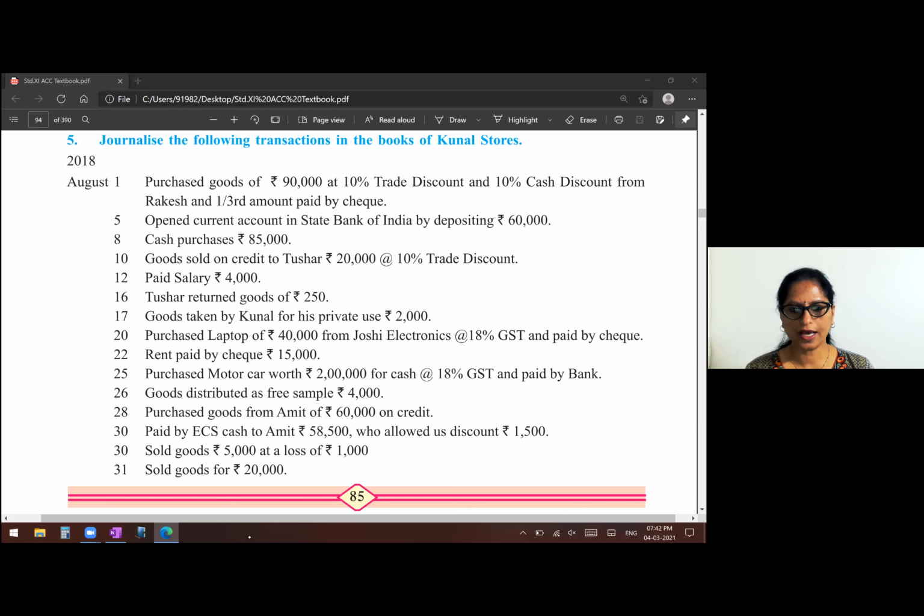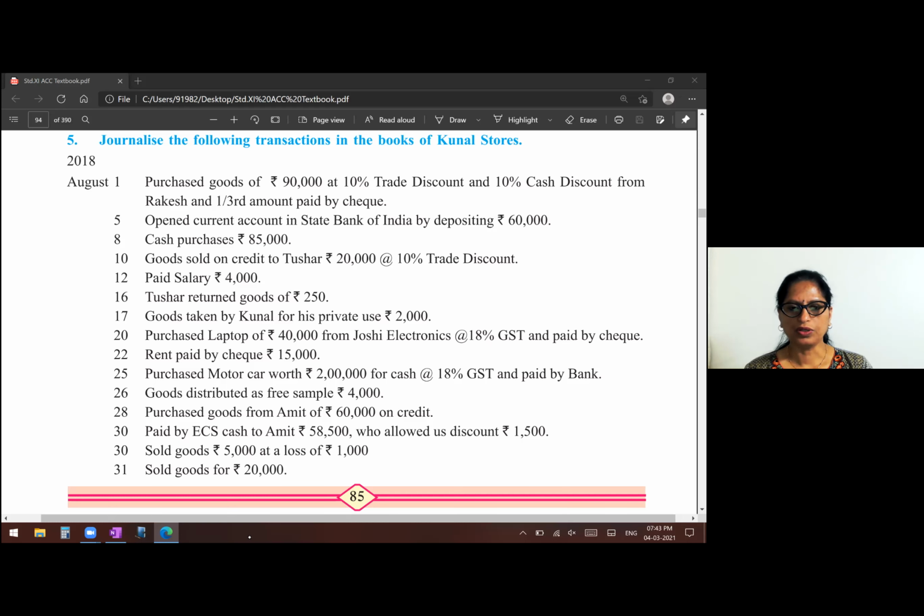26, goods distributed as free samples rupees 4,000. 28, purchased goods from Amit of rupees 60,000 on credit. 30th, paid by ECS, that is Electronic Clearing Service, cash to Amit rupees 58,500, who allowed us discount of rupees 1,500. 30th again, sold goods of 5,000 at a loss of rupees 1,000, and 31st, sold goods for rupees 20,000.